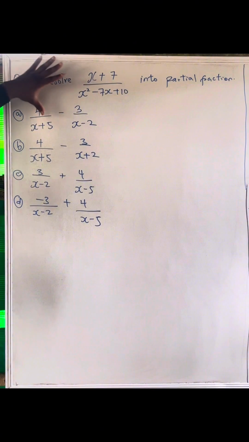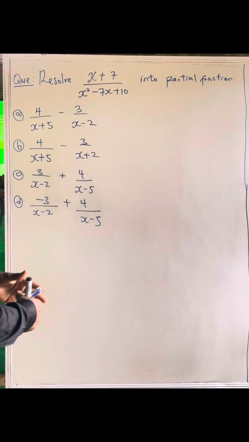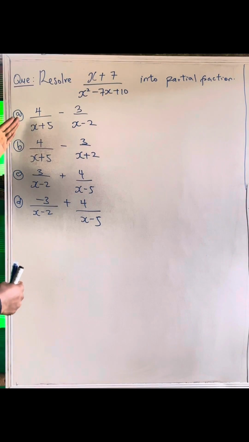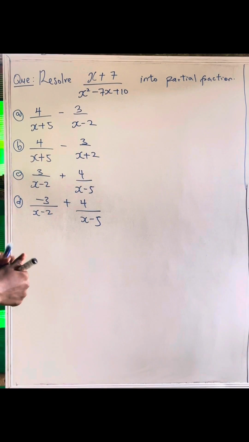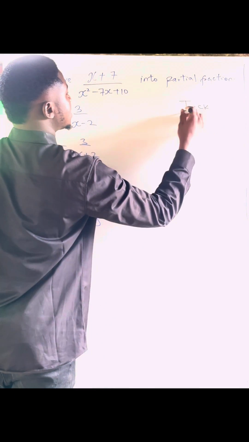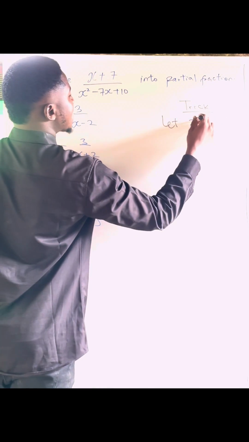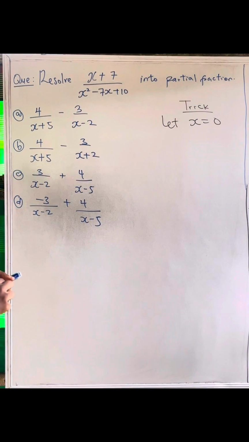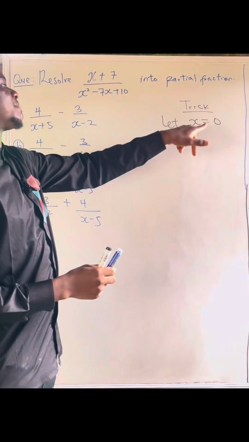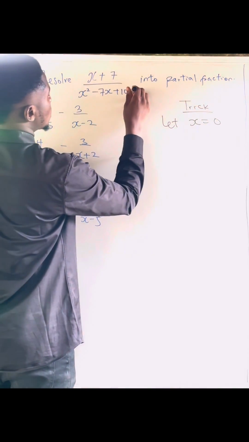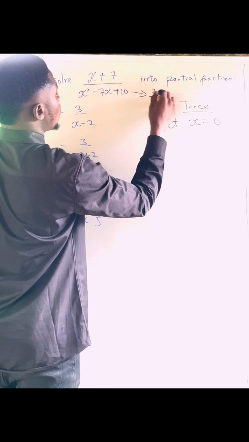If you have a CBT question or OBJ question like this, where they say we solve this into partial fraction, option A, option B, option C, option D, the trick is that let x equal 0. We firstly represent x as 0 in the question. Then the question returns to 7 over 10.